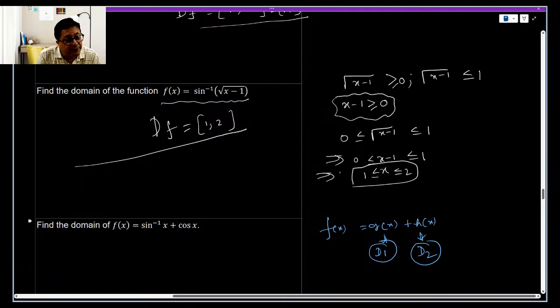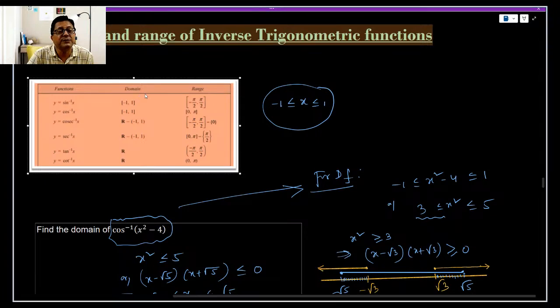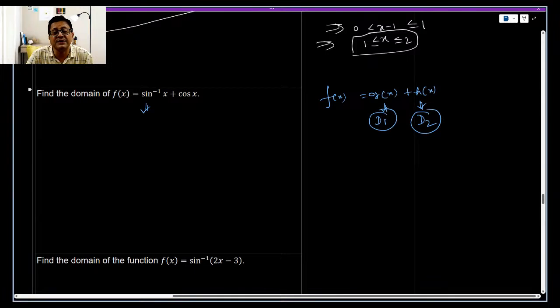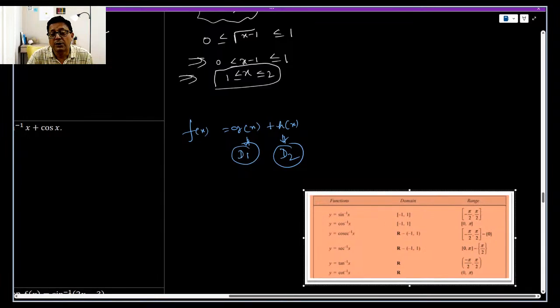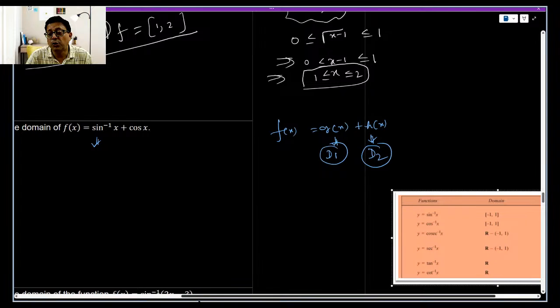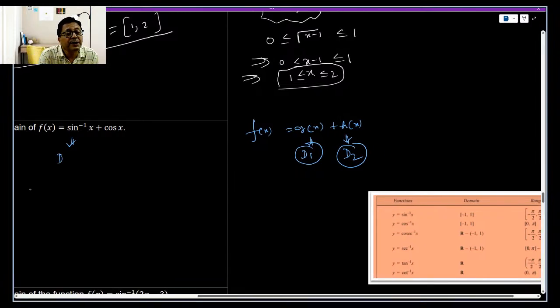So we'll simply write the domain of the first function, sine inverse x, which you all know. Let us carry this on with us always. Domain of sine inverse x, you all remember, I think. So for sine inverse x, the domain is -1 to 1. For cos x, what is the domain?